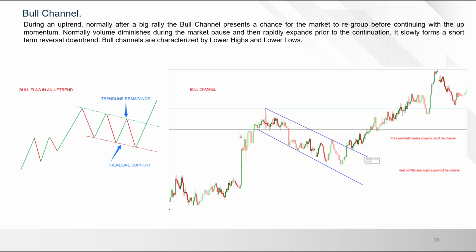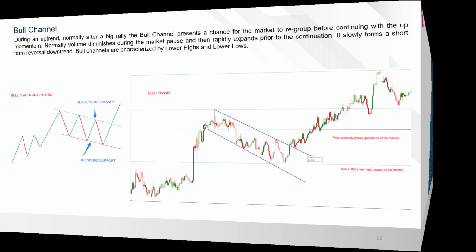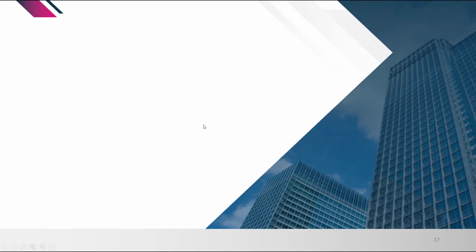So the three that I have mentioned, the channel, support and resistance, and the trend lines, those are the three main technical tools that most people tend to use in their technical analysis.